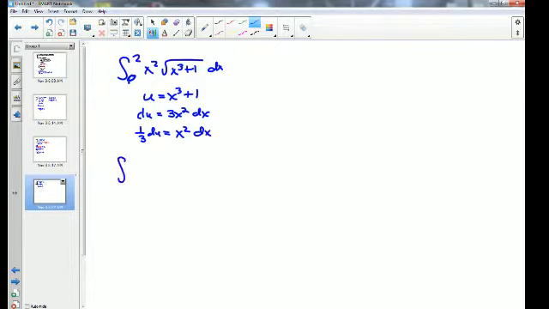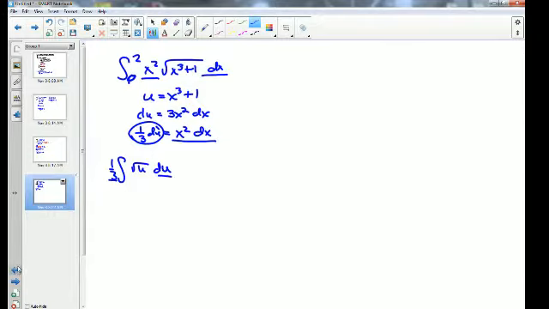So we have the integral of 1/3 root u du, right? Sure. x squared dx, those are gone, right? Eliminate, eliminate, and then this right there. Substitution.